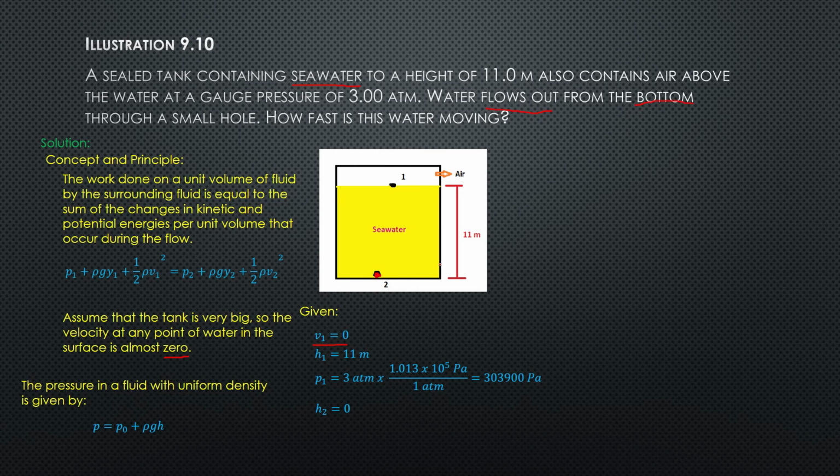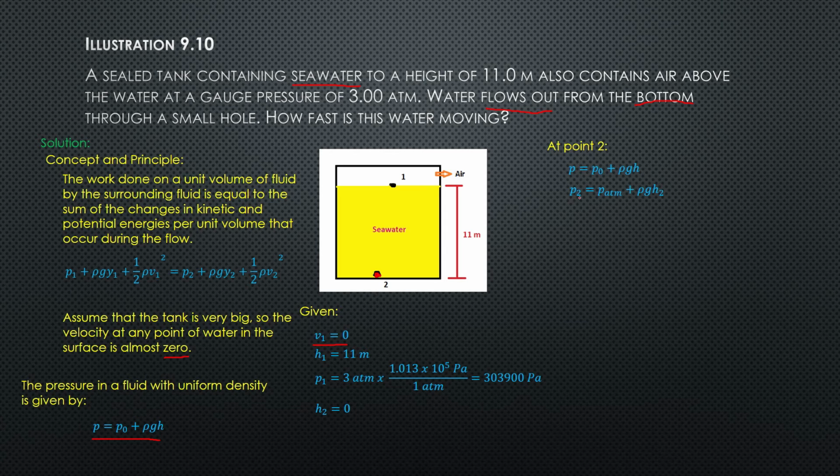So the height at point 2, let's say that is the bottom, is 0. Let us consider point 2 using fluid with uniform density using this equation. The absolute pressure will be equal to atmospheric pressure plus gauge pressure.